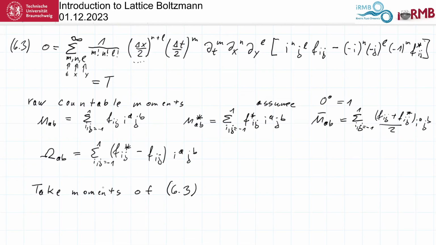Because then the equation looks like this: 0 is equal to the sum over i, j going from -1 to 1, of t times i to the power of A and j to the power of B. So everything that is written in this equation, I will multiply by i^A and j^B and take the entire sum over this.